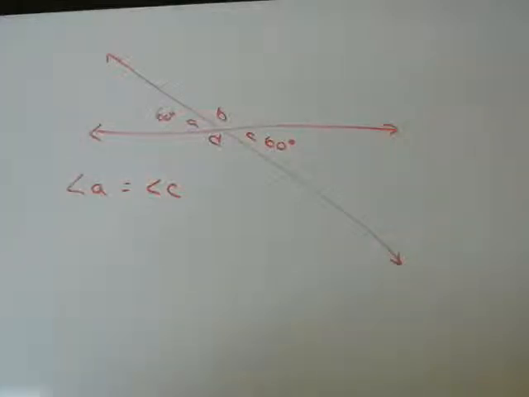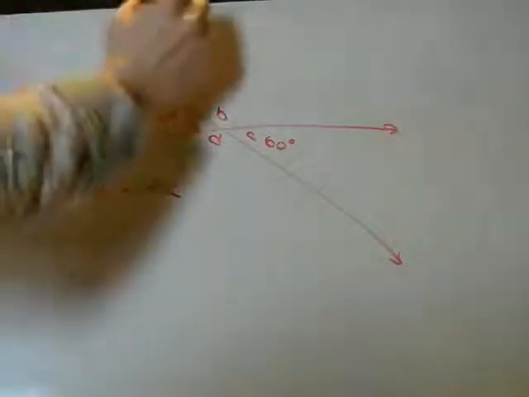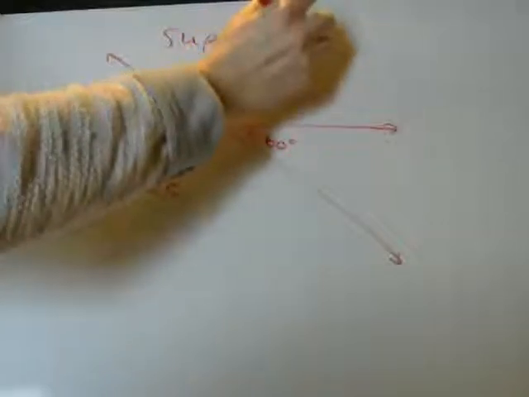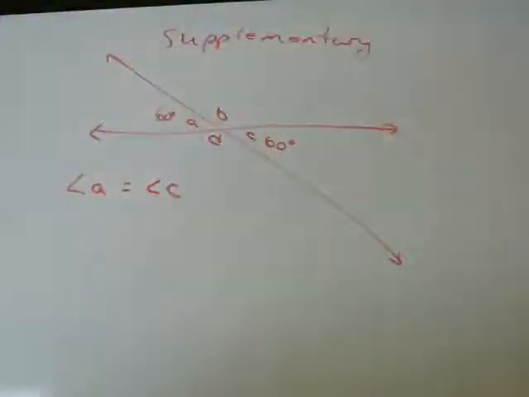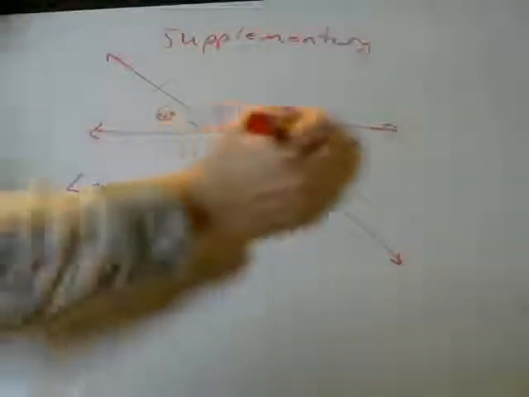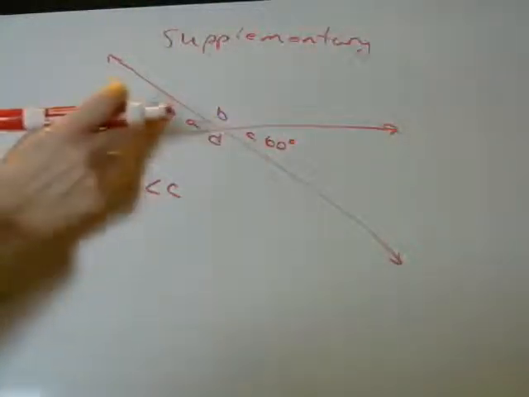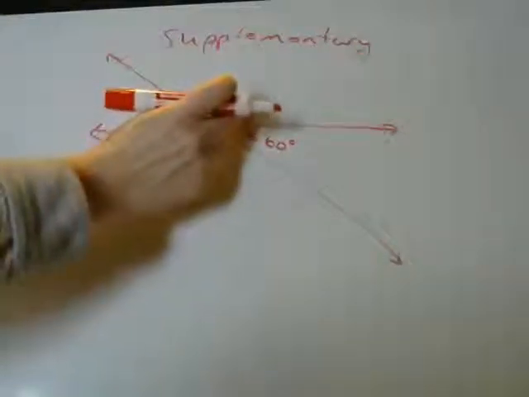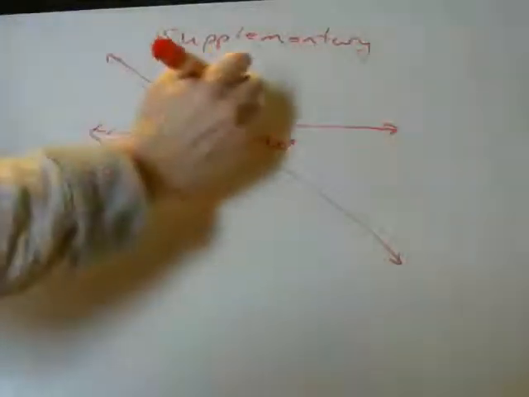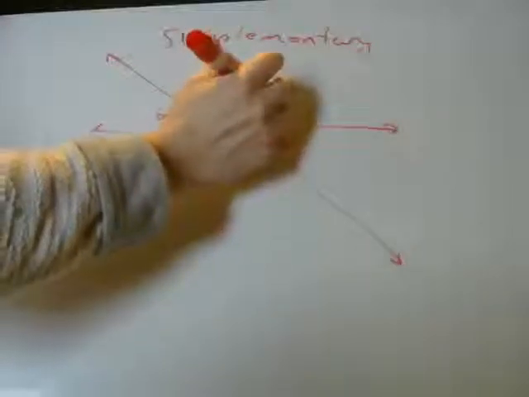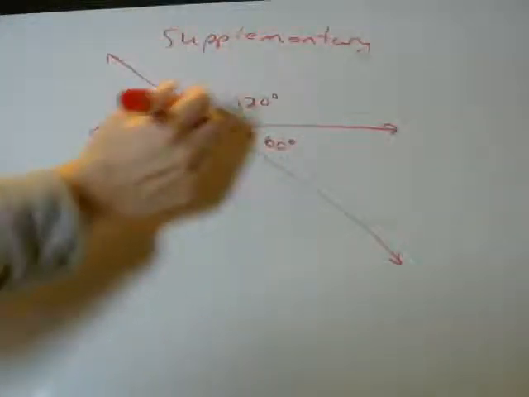Now here's one thing that you may get asked on the test. Remember in the video about some basic geometry terms, we talked about supplementary angles. Supplementary angles, when you add them up, equal 180 degrees. The line is 180 degrees. So if this angle is 60 degrees, then angle B has to be 120 degrees, because A plus B has to equal 180.